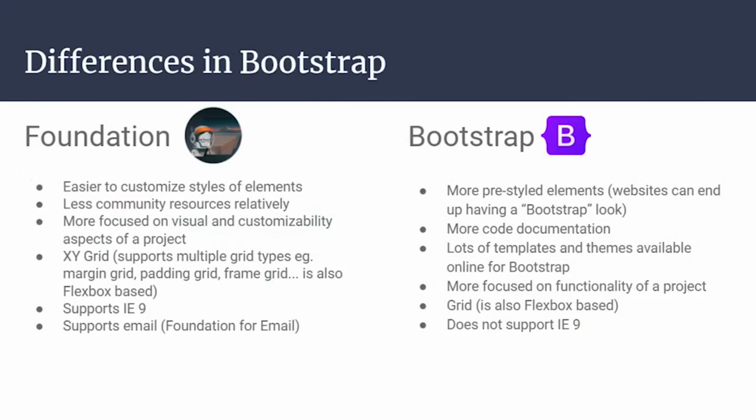Due to the relative popularity of Bootstrap, it is easier to find code documentation for that. Compared to Foundation, there are relatively fewer community resources. Foundation is more focused on the visual and customizability aspects of a project, while Bootstrap is more focused on the functionality of a project.